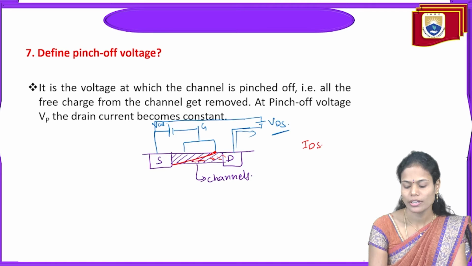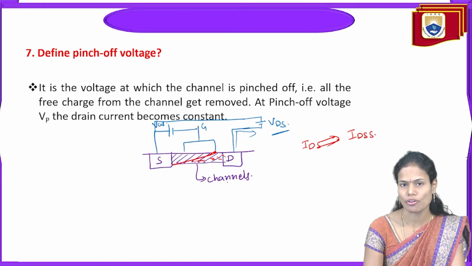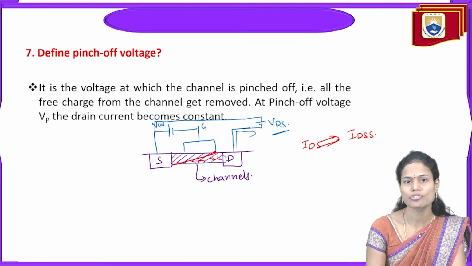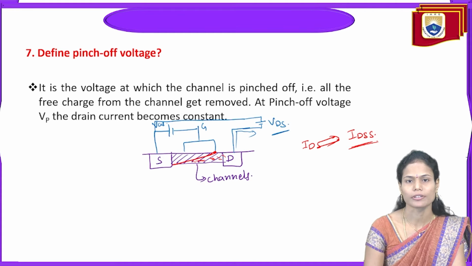That is nothing but ID will become IDSS here, whenever the channel is pinched off. So when will it pinch off? Whenever the applied VDS voltage reaches the pinch off voltage, the channel will pinch off. So whenever the channel is pinched off, the drain current will become constant here.